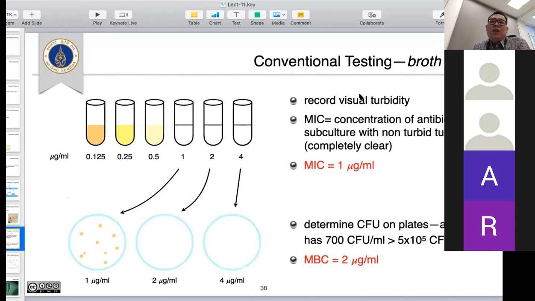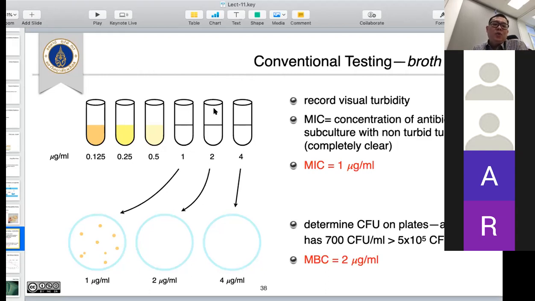So conventionally, there are so many techniques to test susceptibility. One that is very easy, and I want you to know the idea, is to make a dilution of antibiotic and test it with one bacterium. For example, if I want to test Staph aureus with one antibiotic, then I dilute the antibiotic from 4 microgram per ml, making a serial dilution.